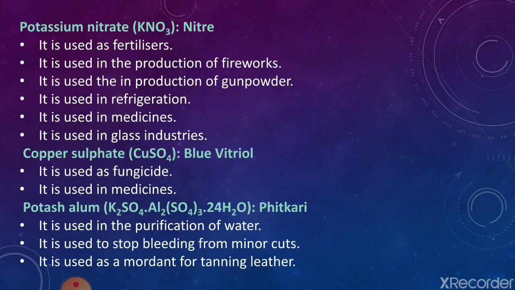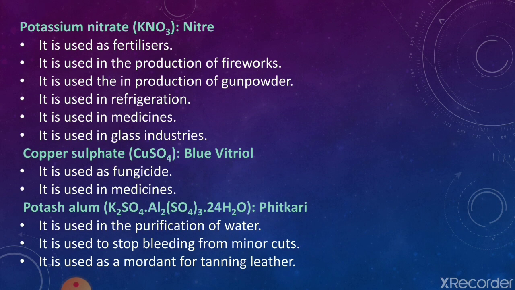Next one is very important, that is potash alum. Its common name is fitkari, and it is a double salt, K2SO4.Al2(SO4)3.24H2O. This is potash alum, fitkari, which all of you know. It is used in the purification of water. Then it is used to stop bleeding from minor cuts.